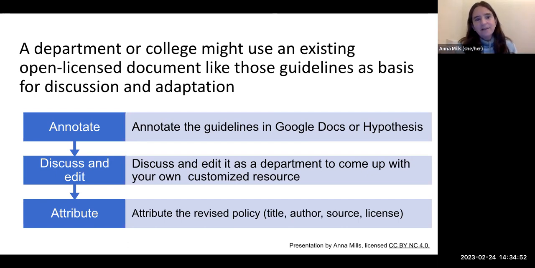And then that's a foundation for a discussion in person with editing, and a customized version of the policy for a department. And of course, the final product you'd want to attribute to the original author, citing that it's been adapted from their work.